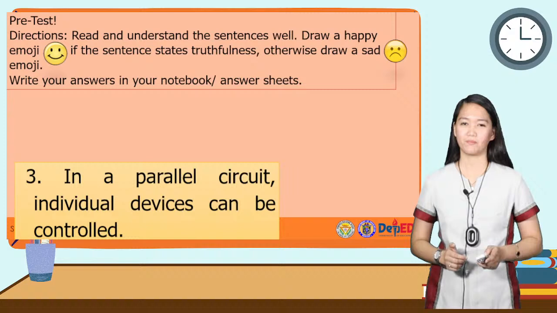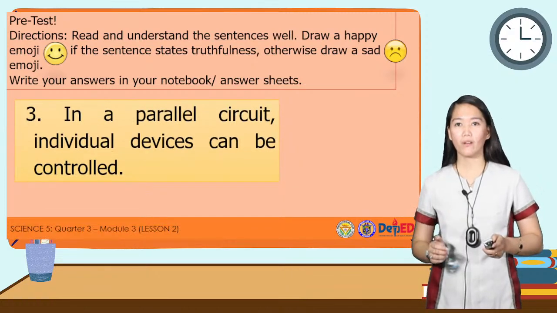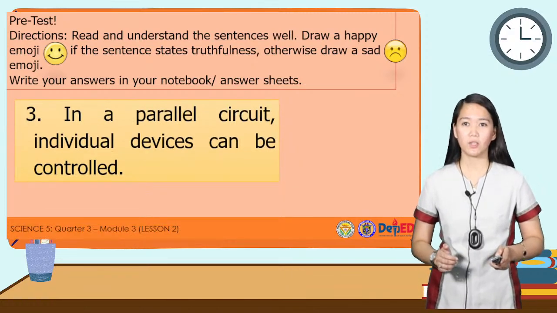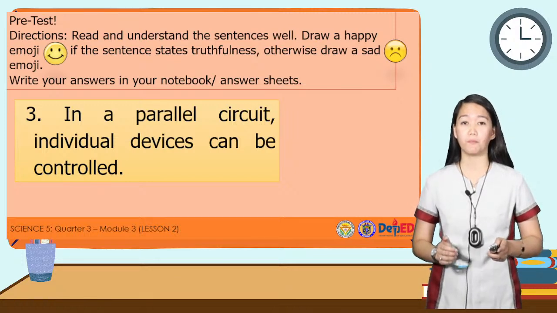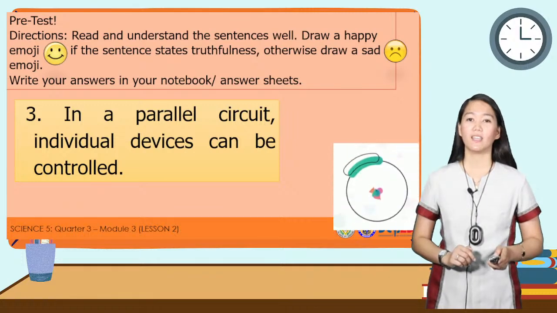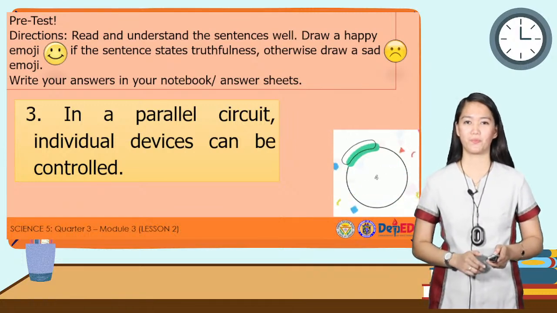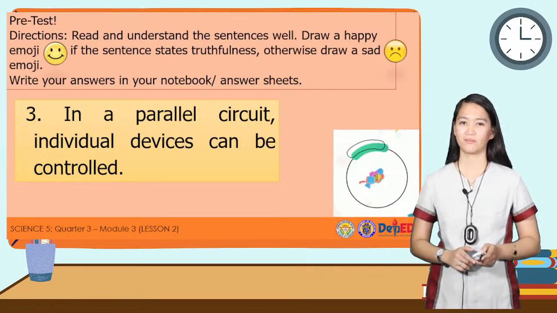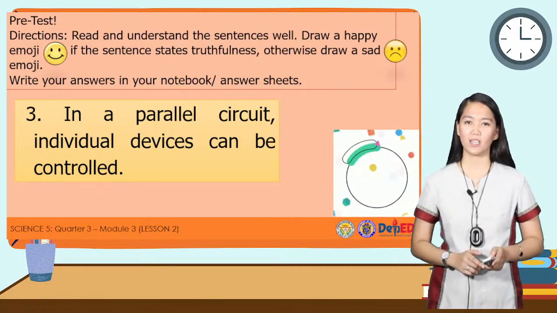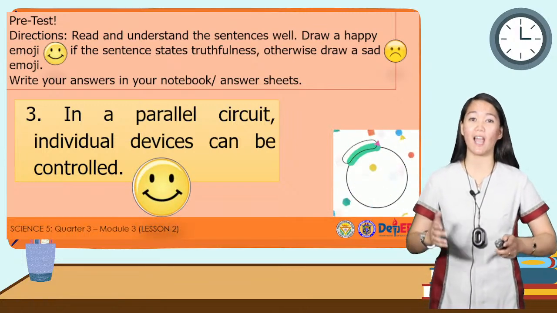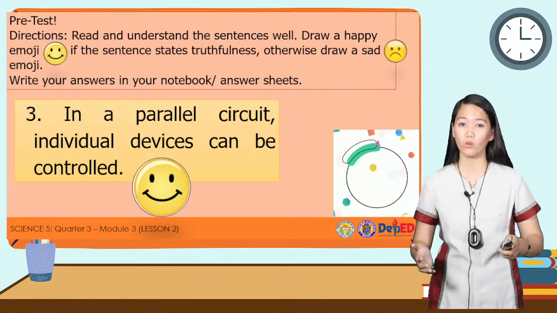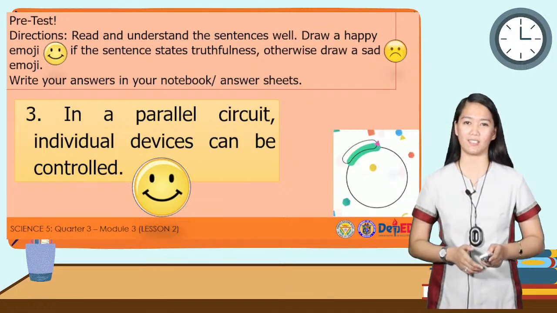Number 3. In a parallel circuit, individual devices can be controlled. Your time starts now. Okay, so if your answer is a happy face or emoji, then you are right.